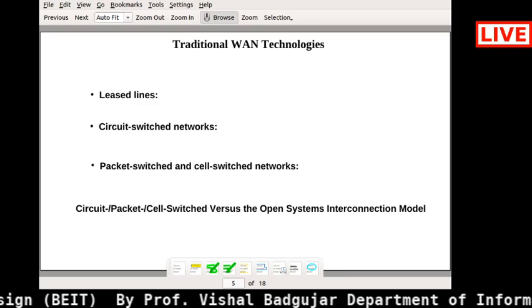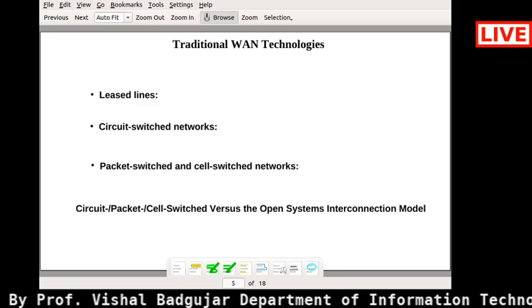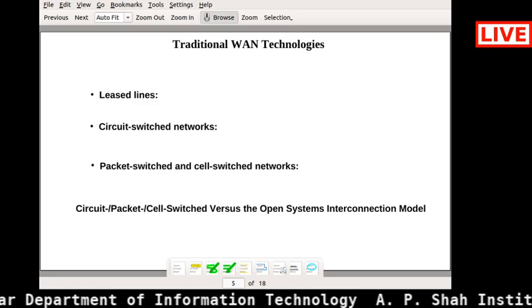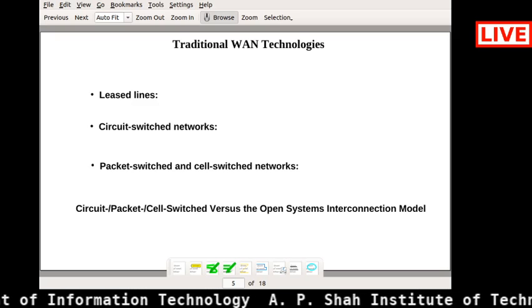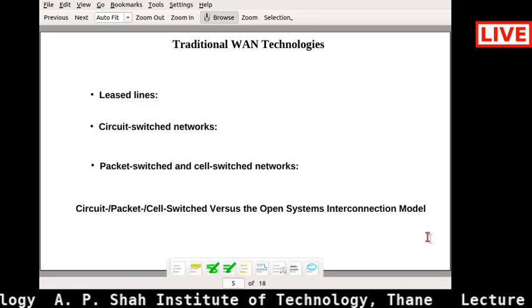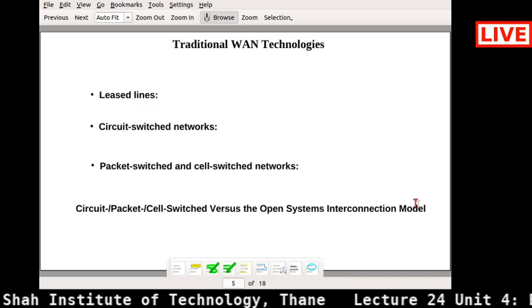If I want to give one example, the packet switch network can include the X.25 protocol. Then Frame Relay can be included in this packet switch and cell switch network.